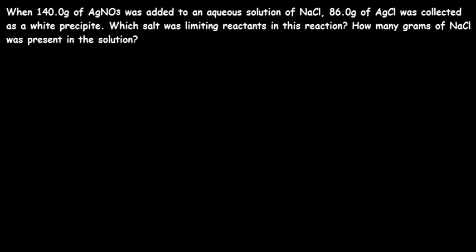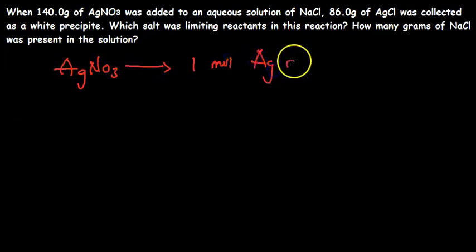In this case, since 1 mole of silver nitrate produces 1 mole of silver chloride, we can conclude that the moles of silver chloride from silver nitrate is equivalent to the moles which we found, which is approximately 0.824 moles.